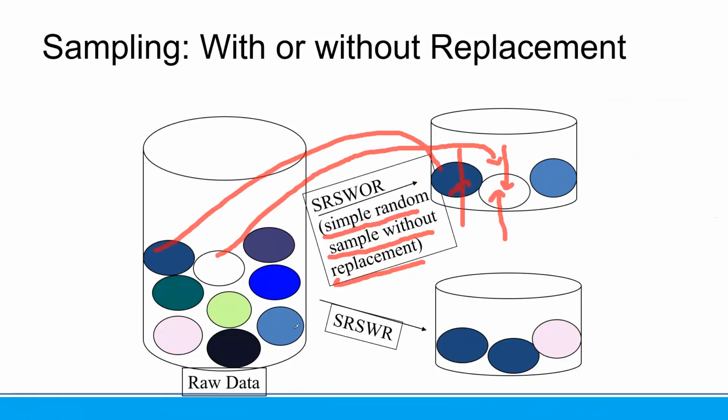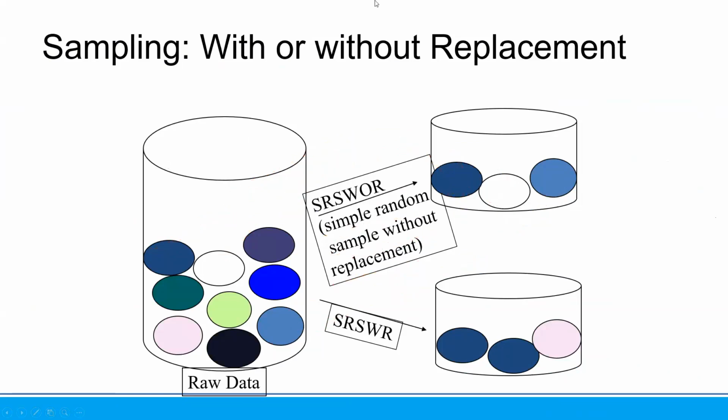And once we get this one selected, it is removed from the population. But with the simple random sample with replacement, we can select the same object again, because after we take this one, we can put it again in the population. That's why there will be a possibility to select this one again into the sample.